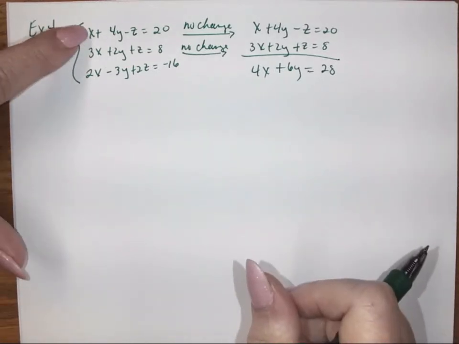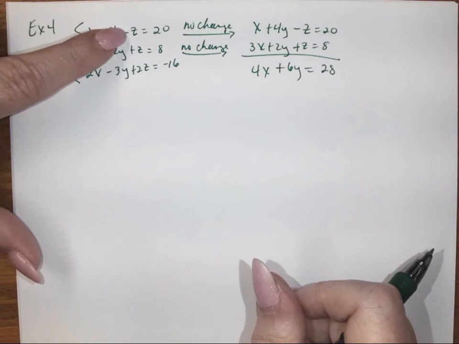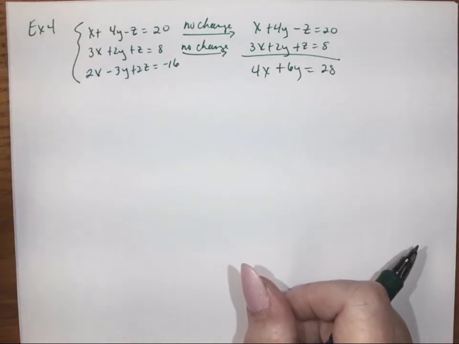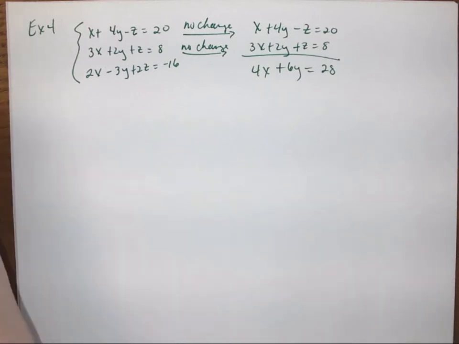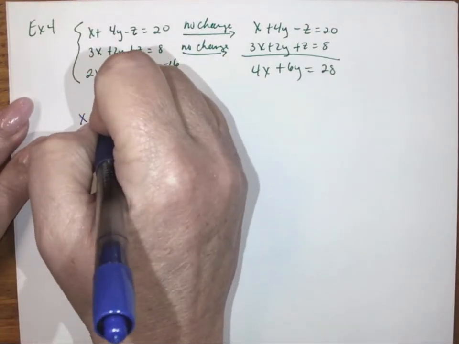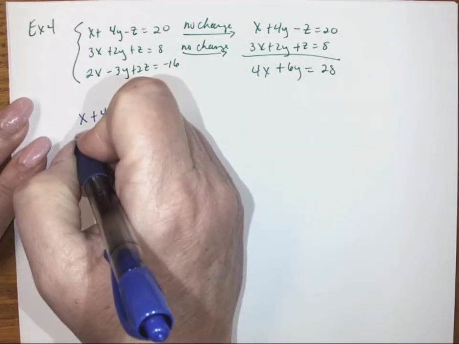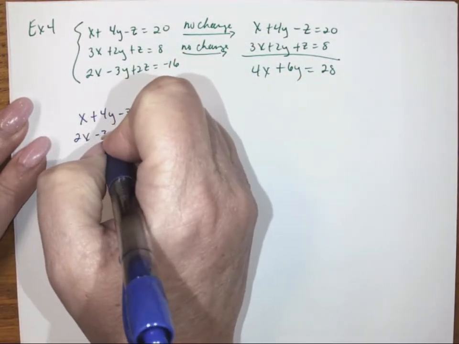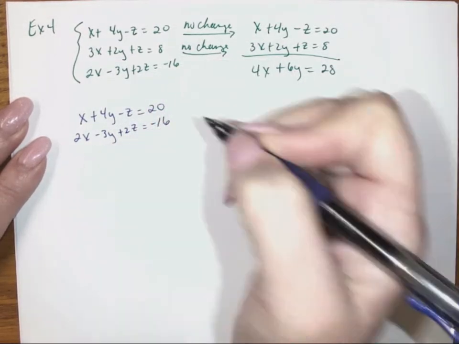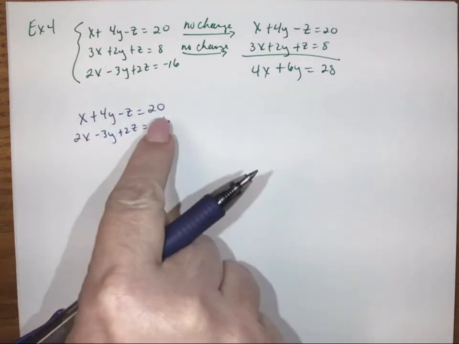I think I will take the first one and the third one because all I have to do is multiply this one by 2, and I would have negative 2z and positive 2z. So let's rewrite our equations. So we have x plus 4y minus z is equal to 20, and 2x minus 3y plus 2z is equal to negative 16. When you're doing these on your own, you do not have to rewrite the entire thing.